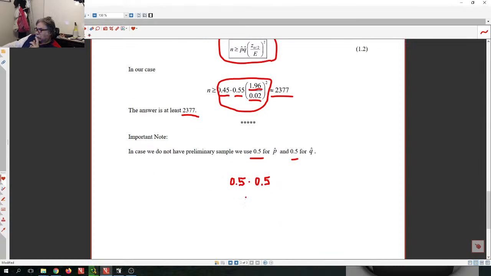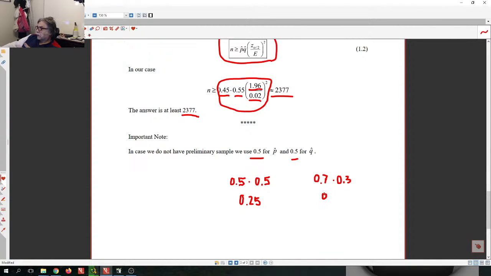Okay? Why? This is 0.25. When you multiply 5 and 5, you get 25, and of course you have two decimals. Take anything else, like maybe 70% and 30%. That would be 0.7 and 0.3.